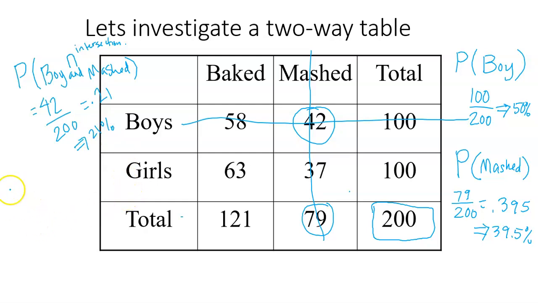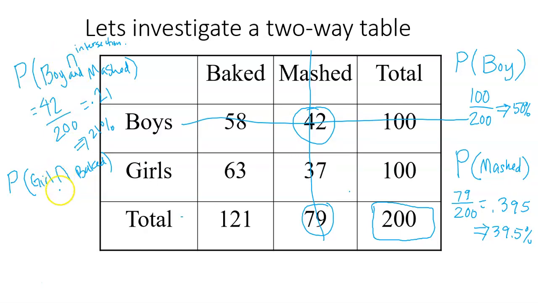Okay, so let's try another one. What's the probability that the person that we choose would be a girl and, or intersect, they prefer baked potato? Okay, again, if it says and or has that intersection sign, I can use either one. They both mean the same thing.